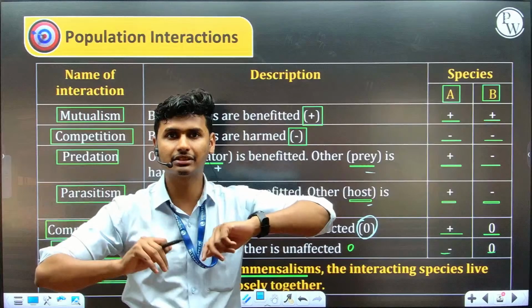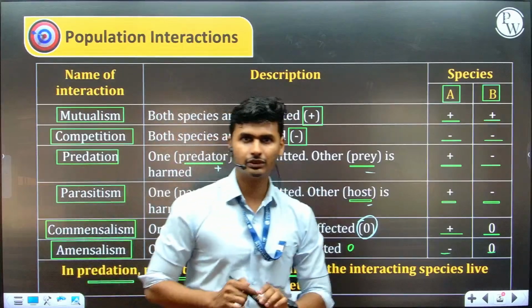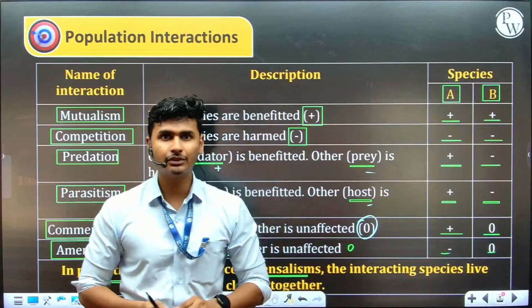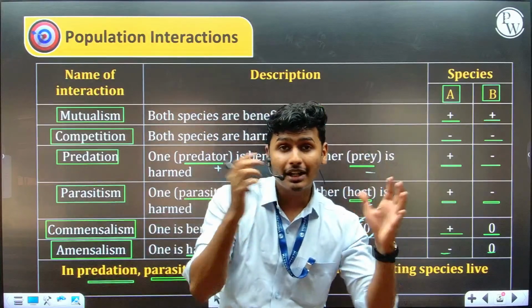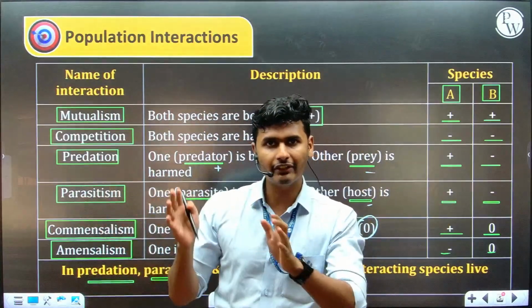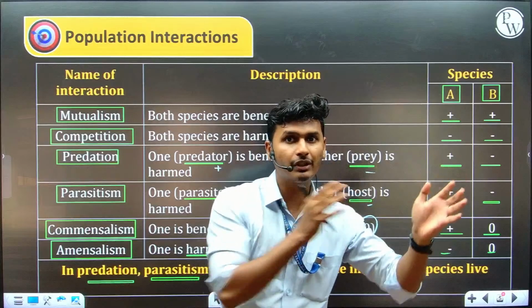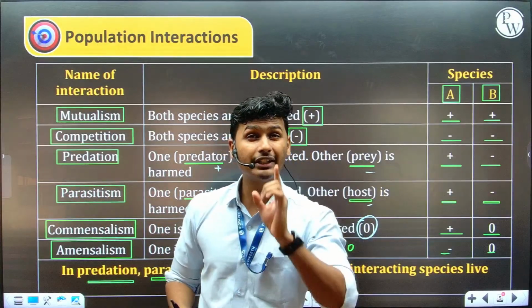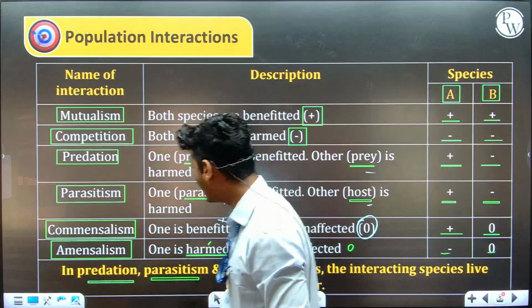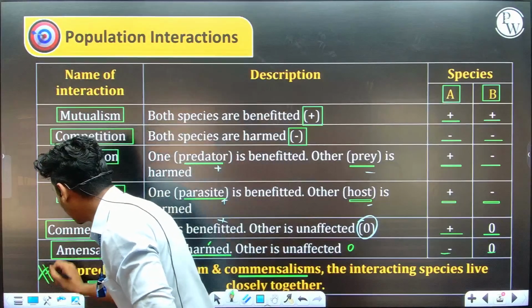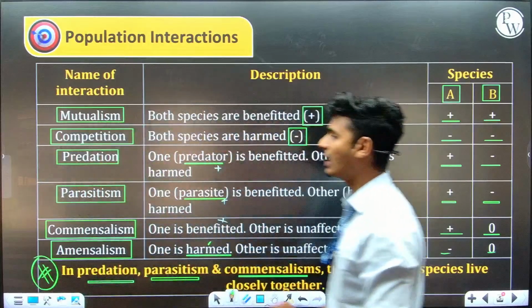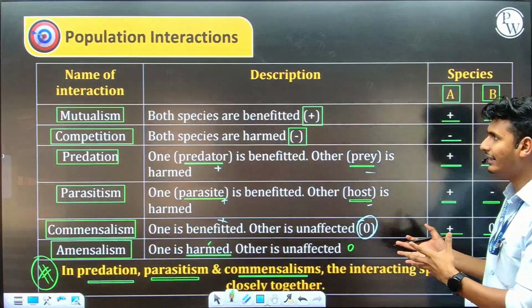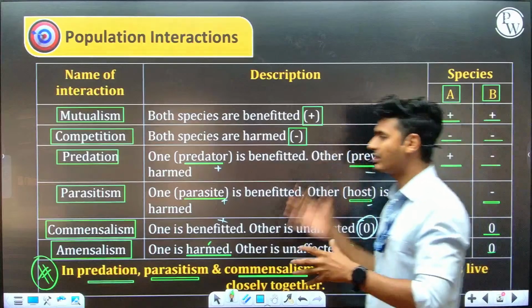This is a very important line from the NEET point of view. So you have to highlight it with a star. This is exactly the chart related to population interaction.